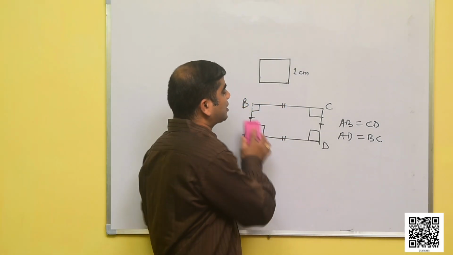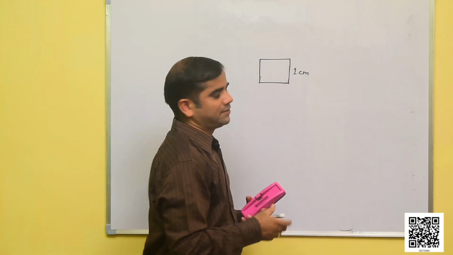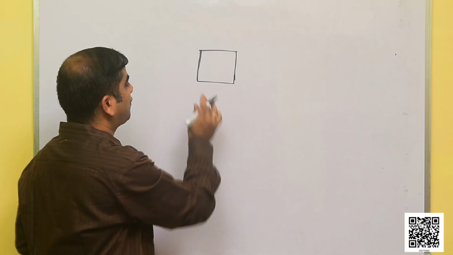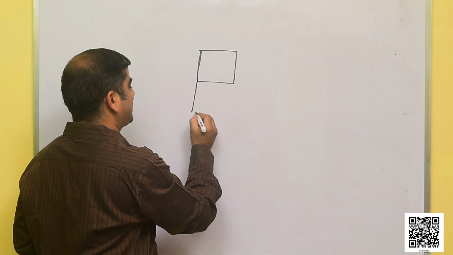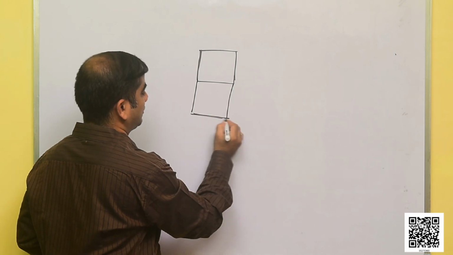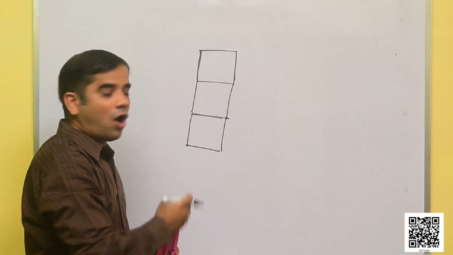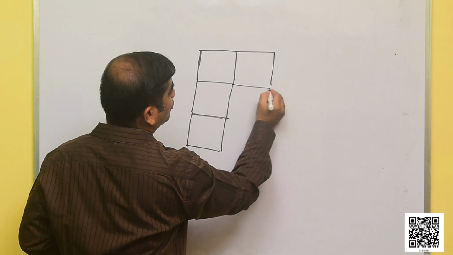So let's draw some rectangles having 12 squares. So this is the square that is given in your picture, which is 1 centimeter on each side. Okay. So if I place two more squares like this, we have 3 squares on top of each other. Now let me draw some more squares.